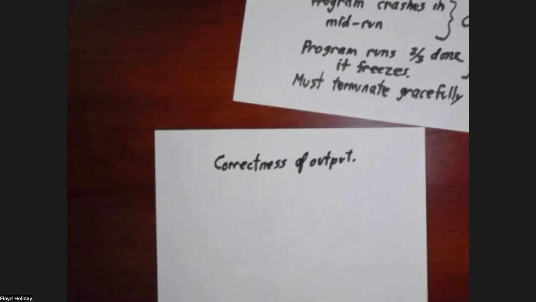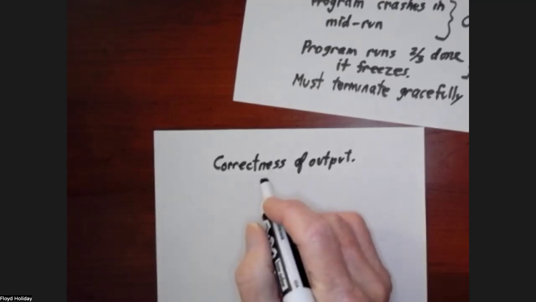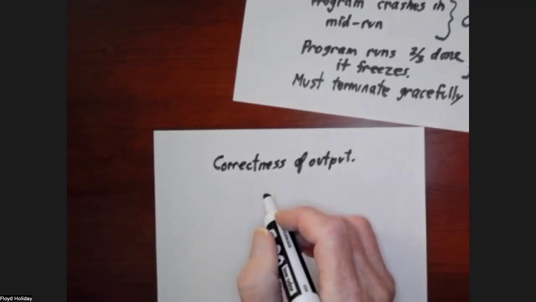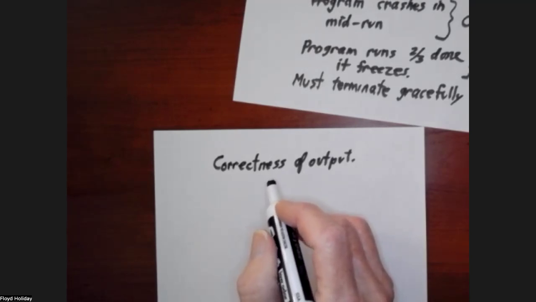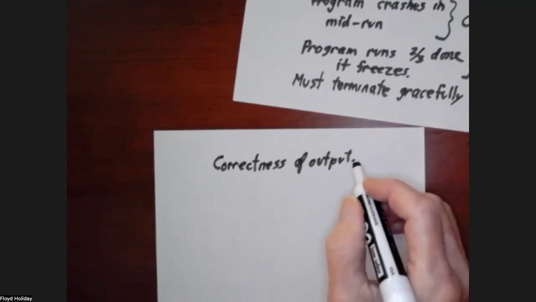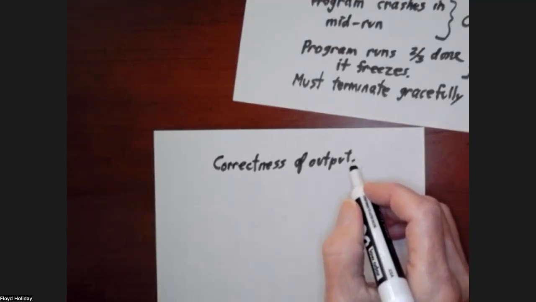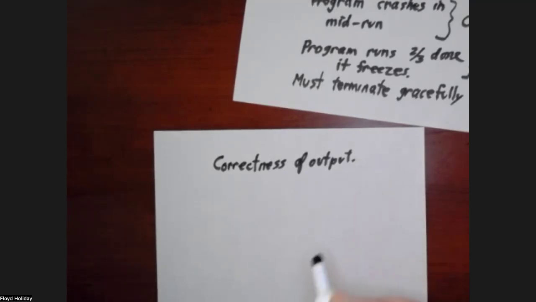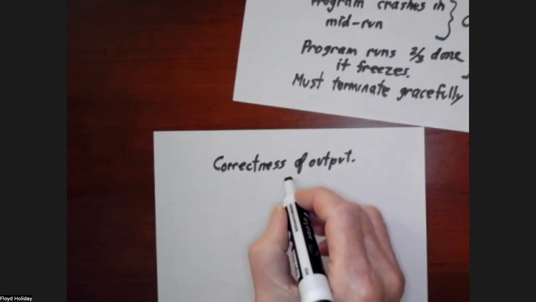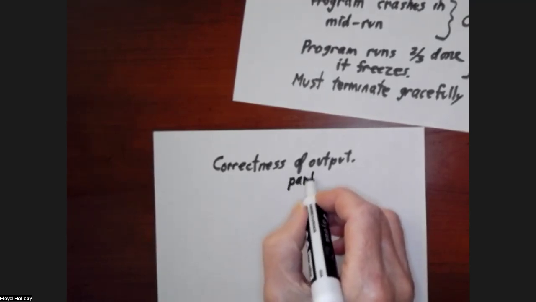If you're mathematically close to the right answer, you might slide by and have no points lost. But correctness could be way off too. It could give a negative value for the length of the side of a triangle, which is a really dumb answer. Correctness of output means the programmer developing this actually tested it and checked the math himself or herself. Correctness of output is partial points.